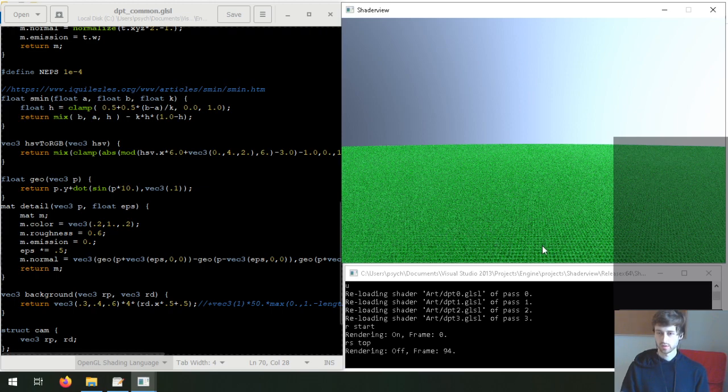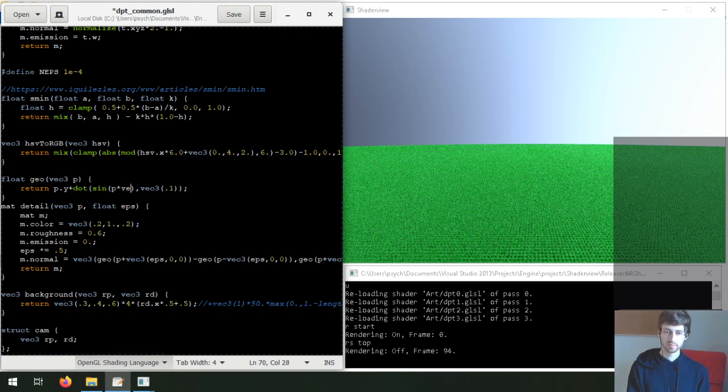Yeah, that's actually too even a pattern. Add a little bit of a shift right here. The values change.